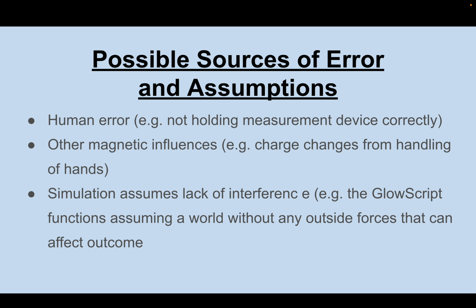Those are all possibilities that could have slightly changed the values. And a key assumption is that the simulation assumes a lack of interference. For instance, the GlowScript code that we generated doesn't take into account accidents, mistakes, or slight errors like that. And so an assumption we have is that it operates in a perfect world.